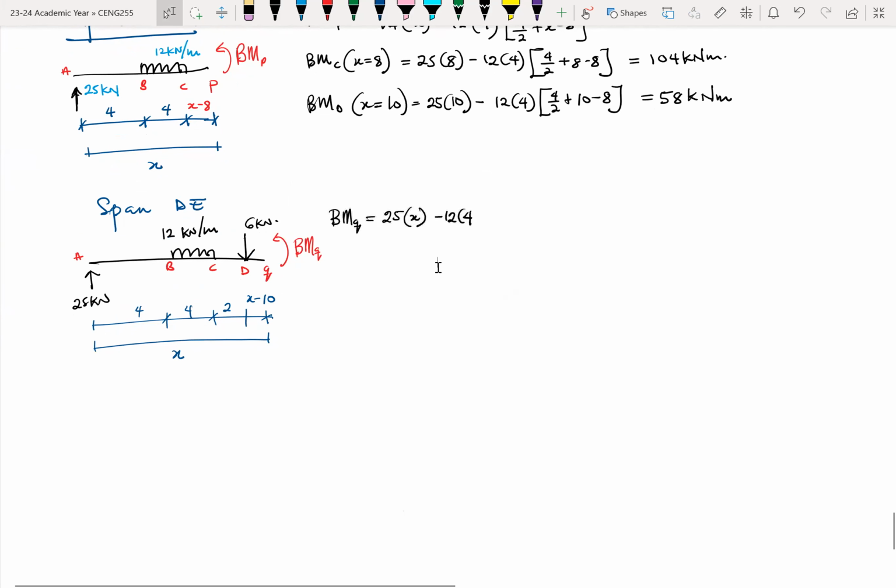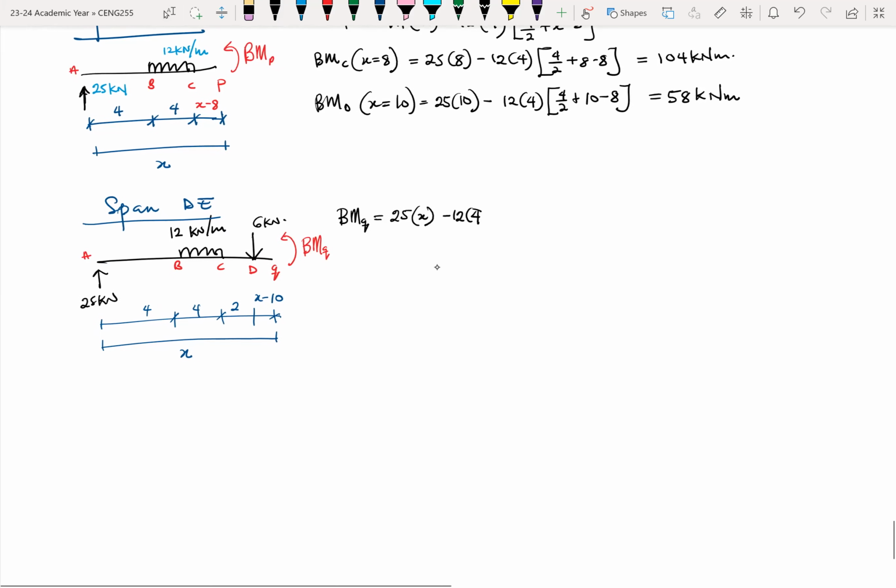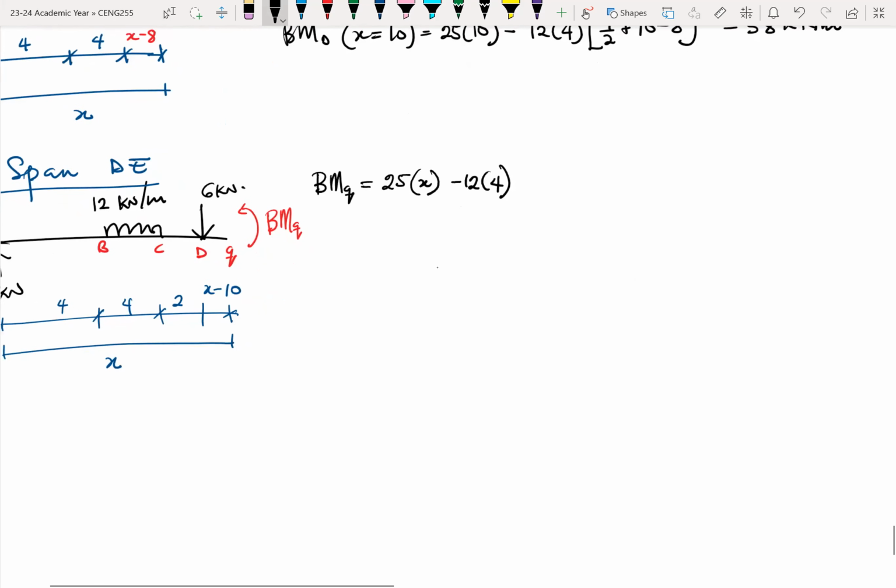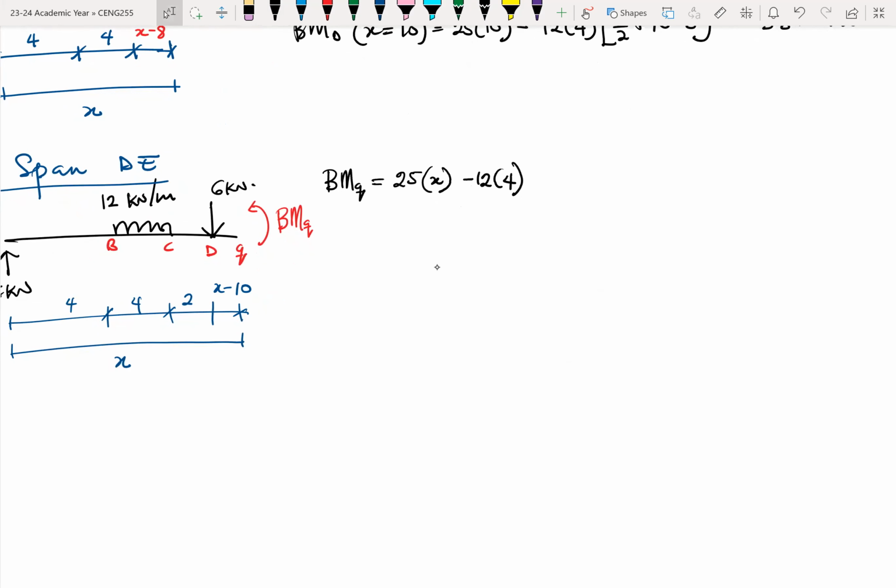Okay. So times 4. Then bracket opened, 4 over 2 plus 2 plus x minus 10, then minus 6 into bracket x minus 10.